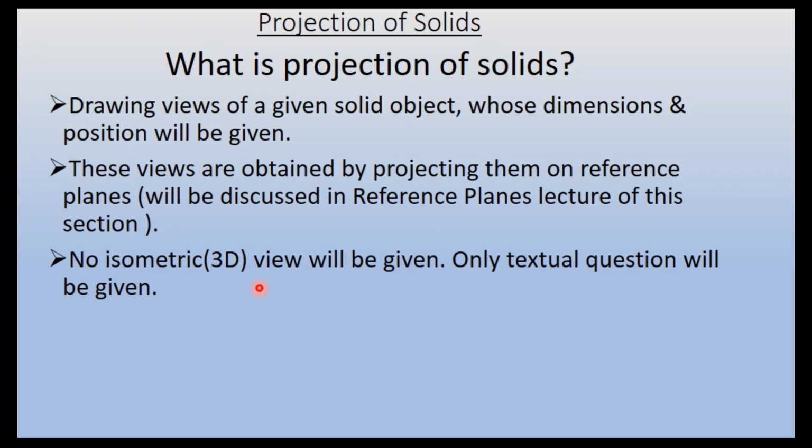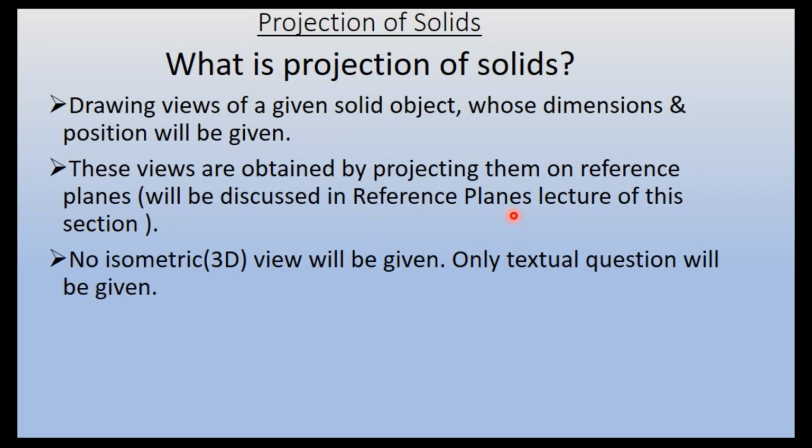The important thing to note here is that no isometric view, that is 3D view, will be given in the projection of solid questions. There will be only a textual question. That means the question will be in the form of text only. This is different from orthographic projections, the previous section of this course, where you were given a solid isometric object, and then you drew the 2D views, that is orthographic views.